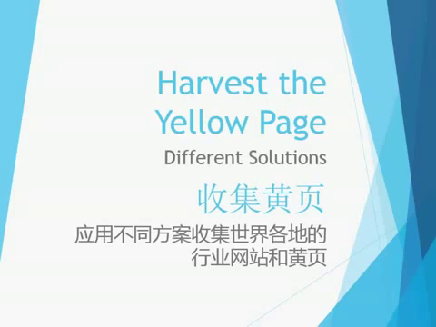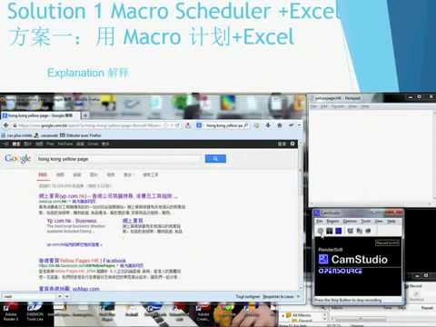You can harvest the yellow pages of the activity where you want to find an employer, and you can contact everyone like this. So I will teach you different solutions, different technologies to harvest different kinds of websites.